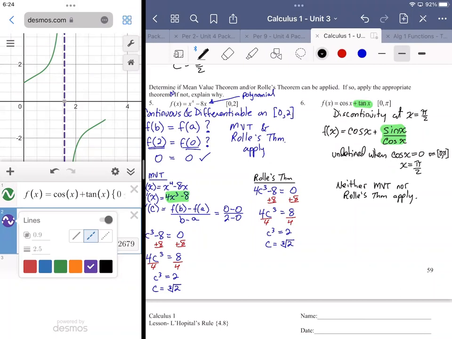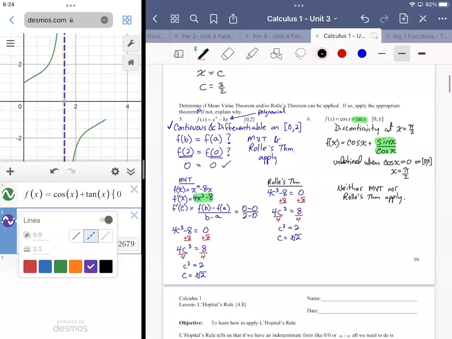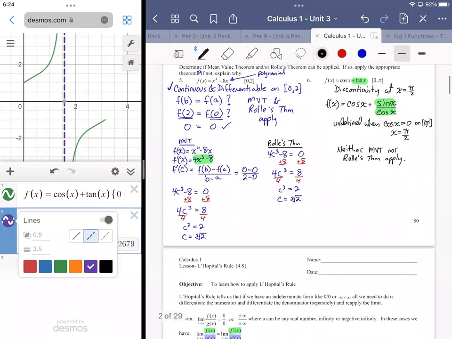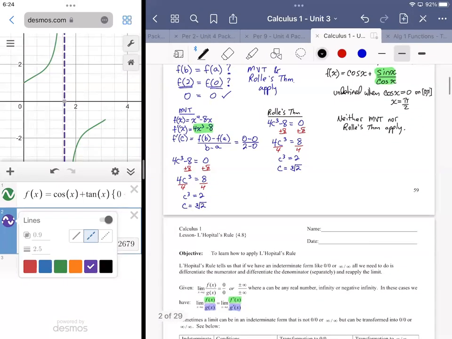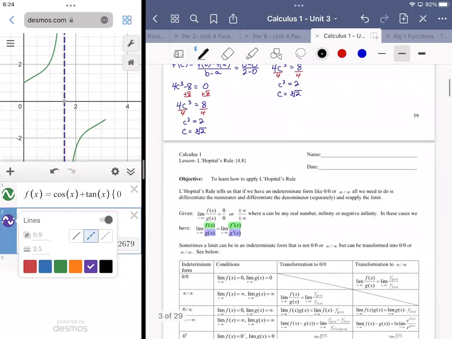But if a function is discontinuous, then at that location it would not be differentiable either. So that saves us some time and energy. You don't really have any work to do. But if you could recognize it on sight, that makes a big difference.